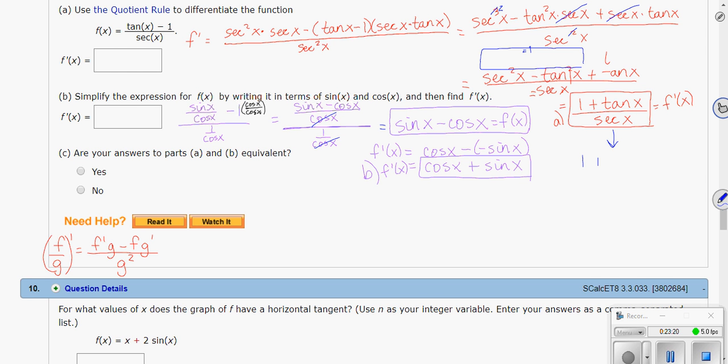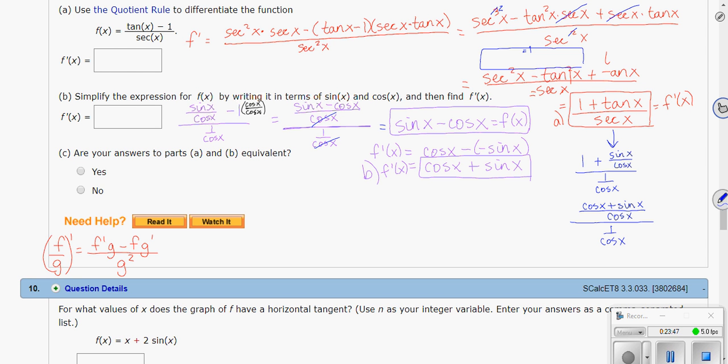So this would be 1 plus sine x over cosine x, all over 1 over cosine x. Again, same trick I did on part B. This is going to give me cosine x plus sine x over cosine x, all over 1 over cosine x.